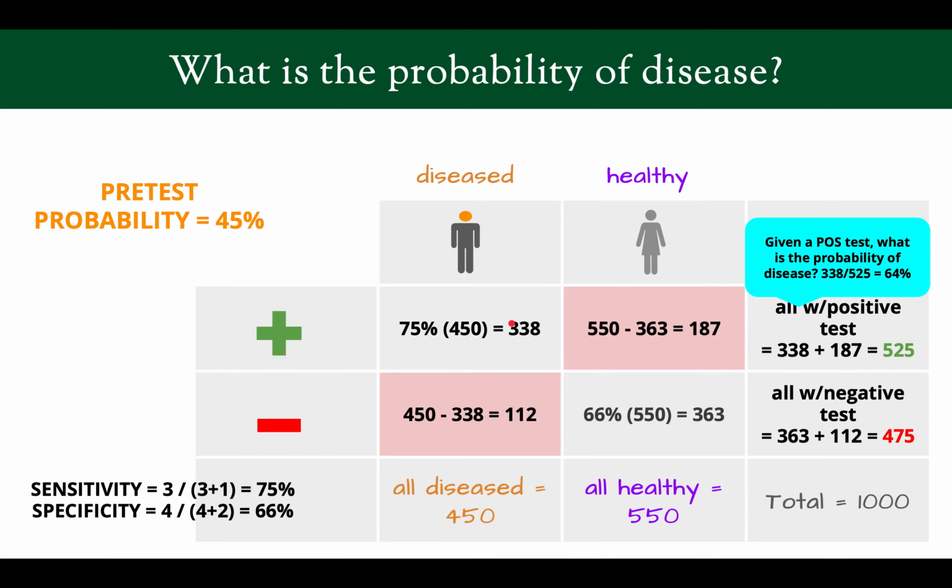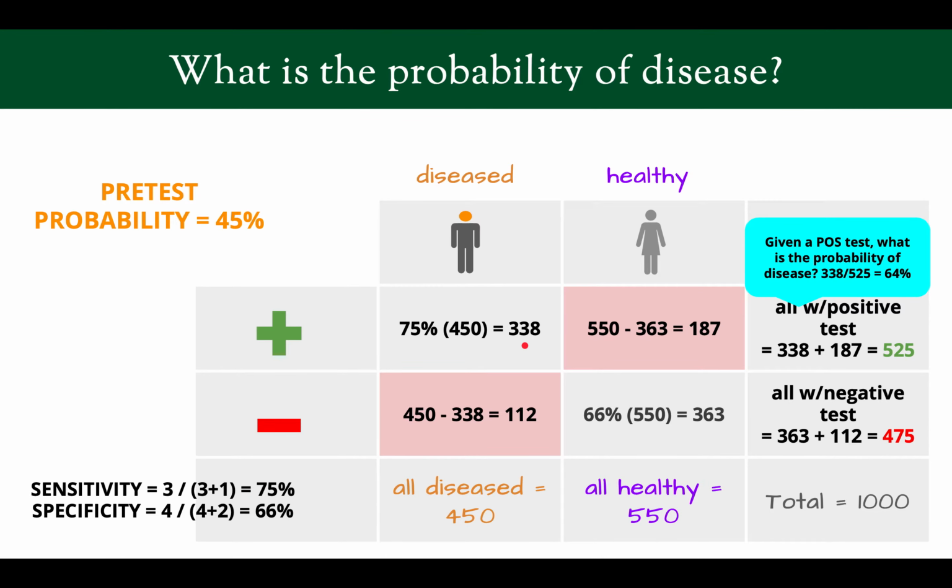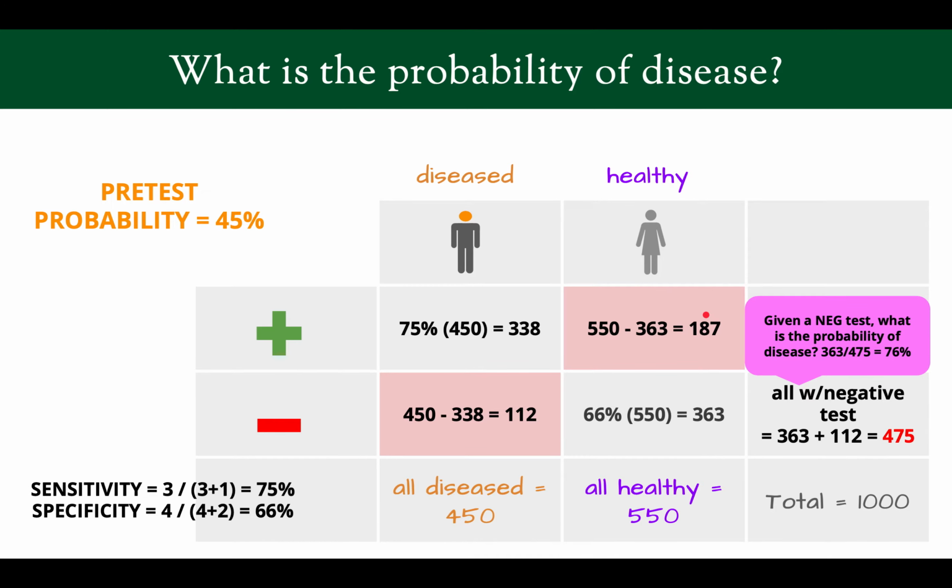So given our initial condition of saying we had a 45% pretest probability, and these test characteristics and a positive test, now we think that we've increased our probability to 64%. We could do the same thing with a negative test as well, right? Given a negative test, how predictive is it in saying that someone doesn't have the disease? So we do the same thing.